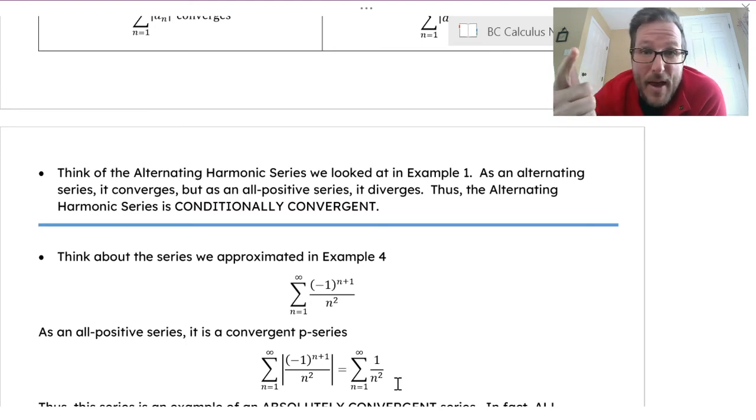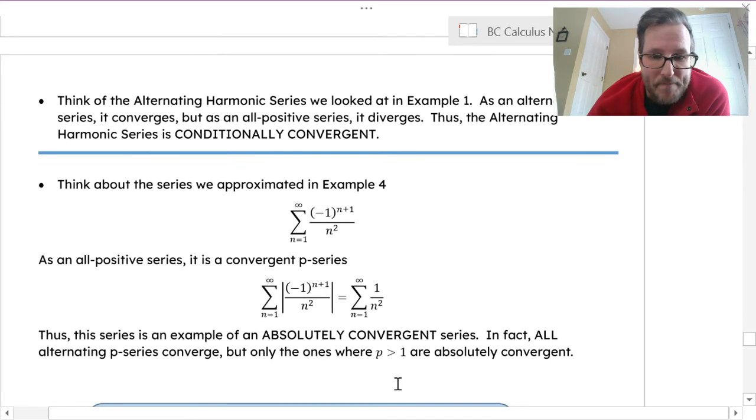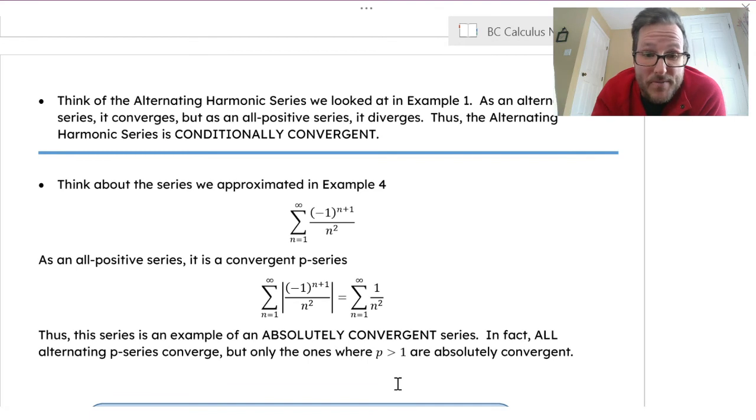That means it is absolutely convergent. That's the difference between them. In fact, all alternating p-series converge, but only the ones where p is greater than 1 are absolutely convergent.